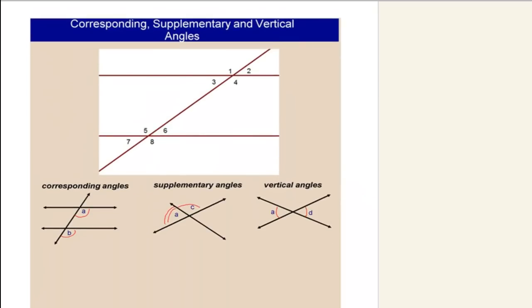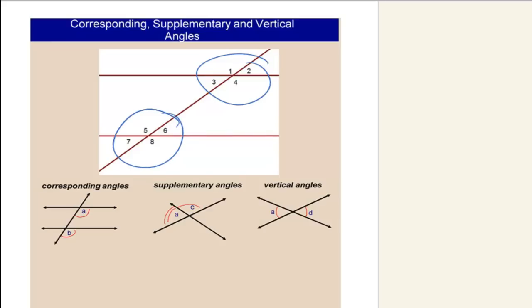Now, when two lines are parallel and a third line intersects them, some special relationships are formed between the angles that are created. So you'll notice here that there are 4 angles up where the two lines at the top intersect and 4 at the bottom.